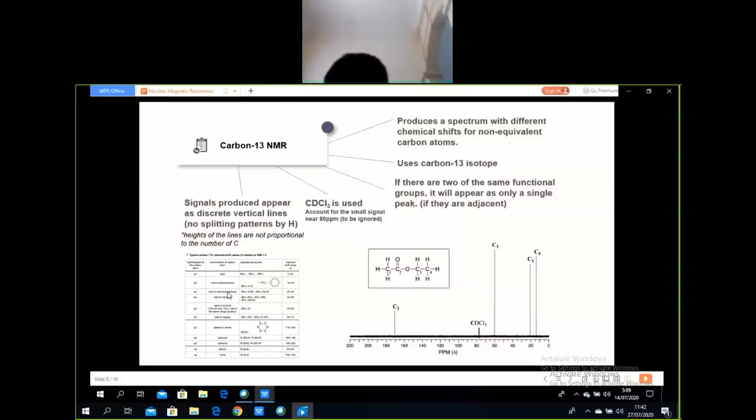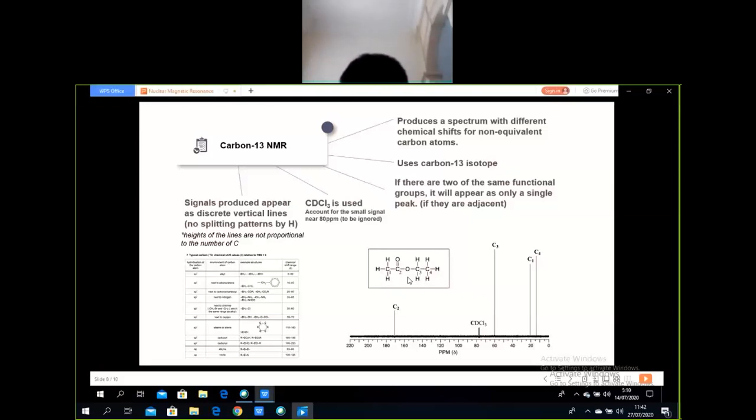We're going to see this in this example. This is an ester, an ethyl alkanoate.